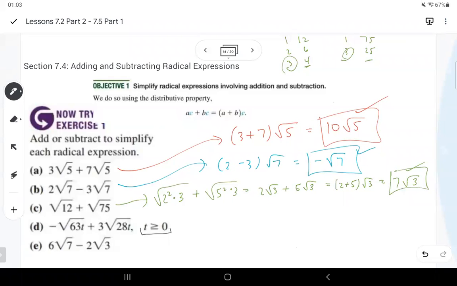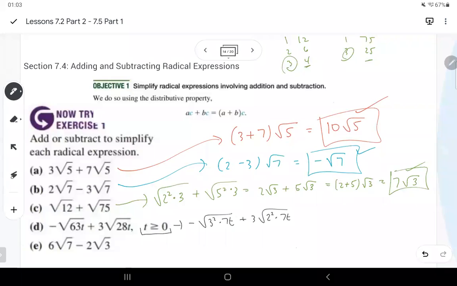This part is very important because we weren't told that we have all positive numbers there. So we do need to have that same situation though. We want to think about, what do 63 and 28 share in common? That's actually a 7. So we will do negative square root of 63 is going to be 3 squared times 7t plus 3, which will be 2 squared times 7t.